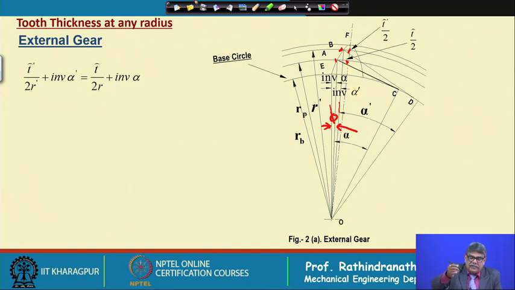So, we can write, at this angle will be same, this relation: arc T dash by twice R dash plus involute alpha dash must be equal to arc T by twice R plus involute alpha.